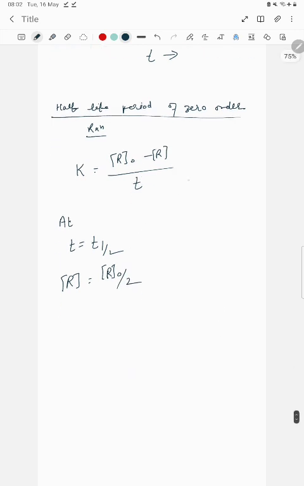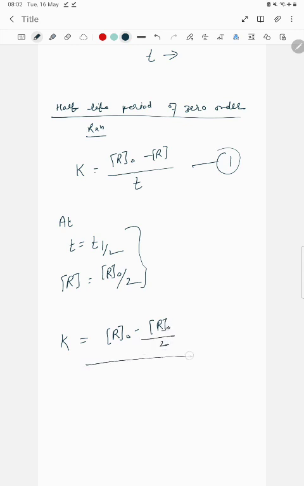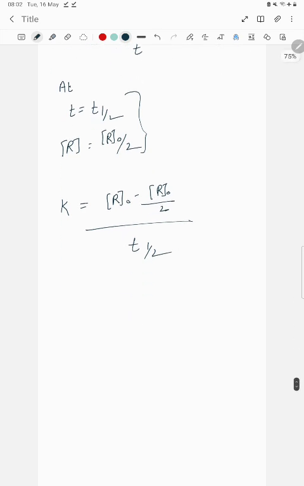So from this equation, this value you put. So k is equal to R naught as it is, R is equal to R naught by 2, and our total time is t half. Take t1 by 2 to this side.